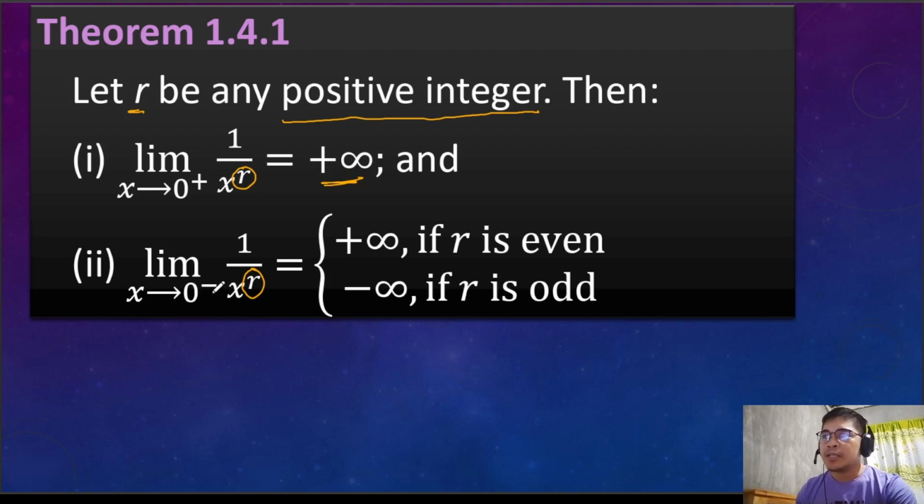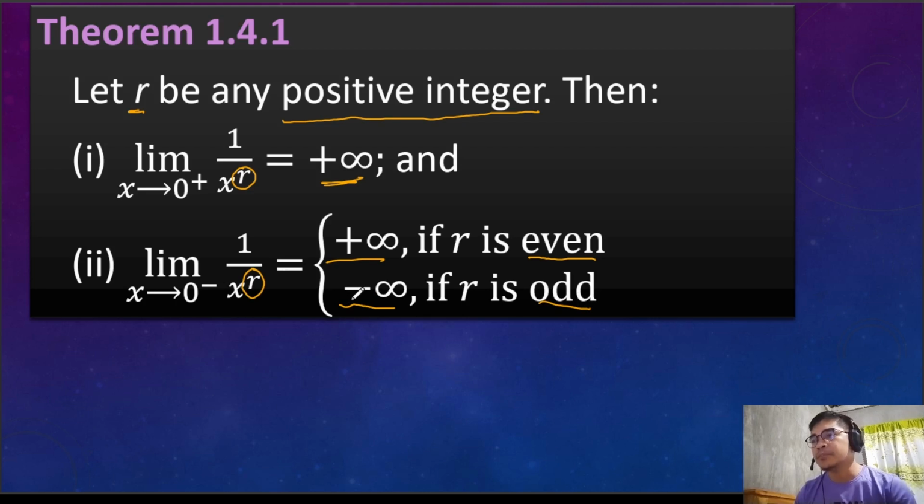The second one, limit of 1 over x to the power of r as x approaches 0 from the left, natay duha ka answer, depende sa condition. If ang r is even, so we have positive infinity. If ang atong r is odd, bungkig, we have negative infinity.